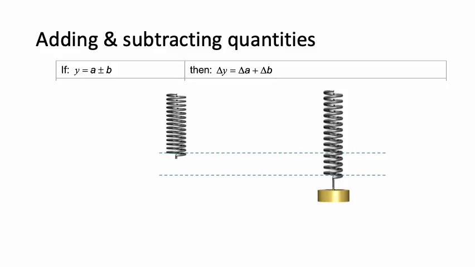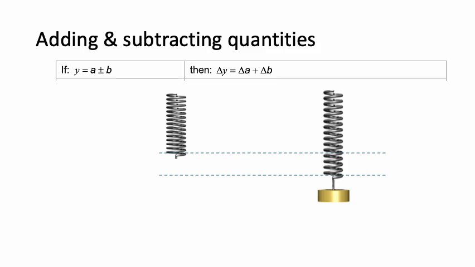This is saying that if the thing you're calculating, y, is equal to two different values that you've measured, a and b, added together or subtracted, doesn't matter, then the uncertainty in y, delta y, is equal to delta a plus delta b.